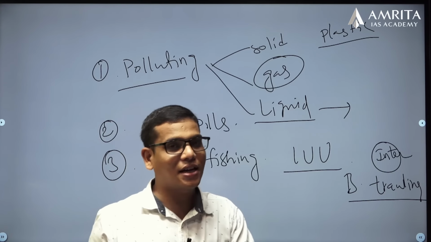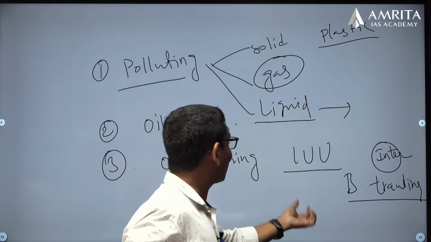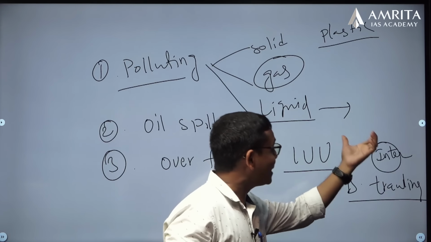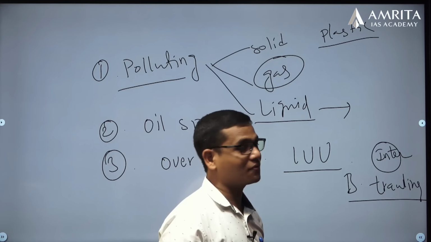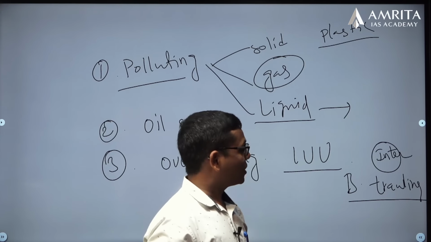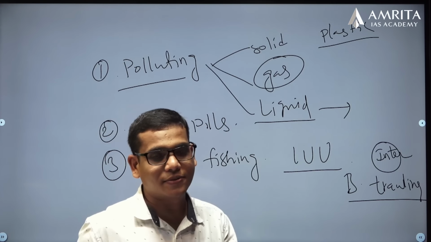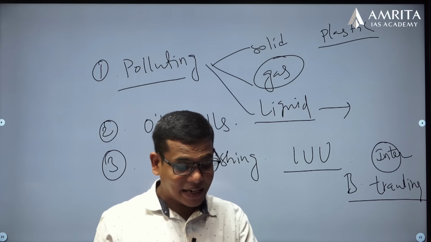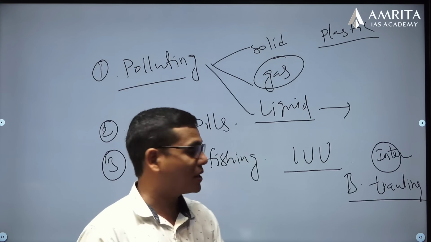So they are environmentally very dangerous and they are degrading the entire coast, the entire marine ecosystem. It is not only bringing an imbalance in the life forms, not only in fish, but also in the overall ecosystem inside the ocean. So this overfishing, this illegal, unregulated and unreported fishing is one important aspect.